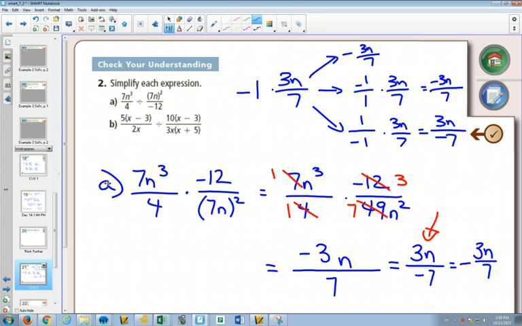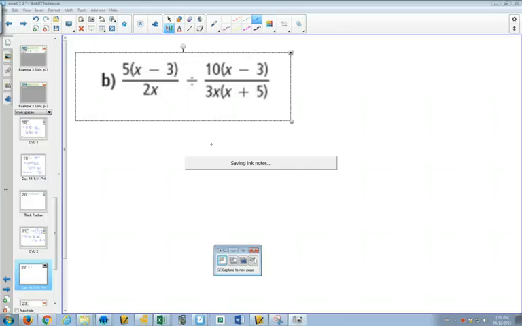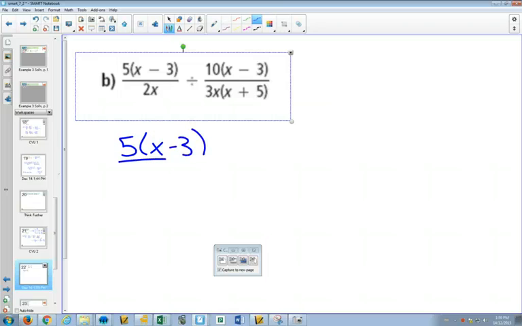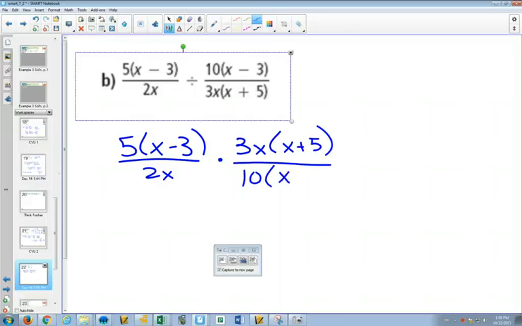For part B here, anytime you see dividing, take the time, the first step, to rewrite it as multiplying by the reciprocal.